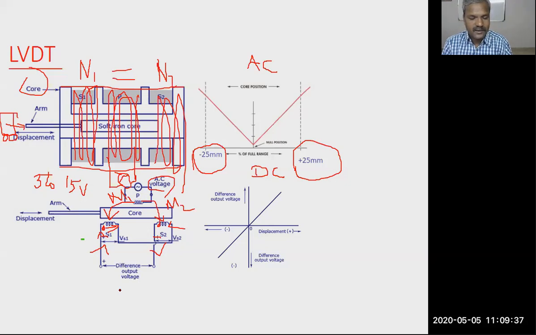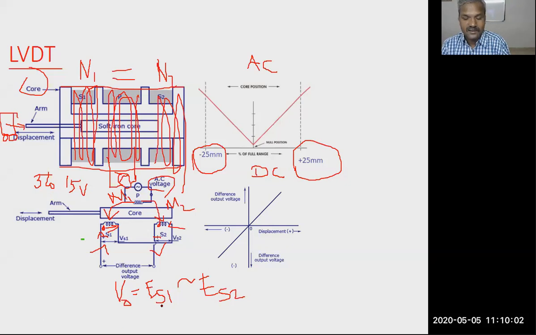So what we get, the output V0, is the difference between ES1, the induced EMF in secondary 1 due to the primary coil, and ES2, the induced EMF in secondary 2 due to the primary coil.